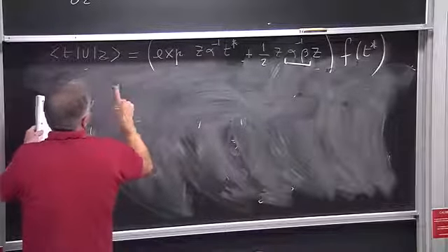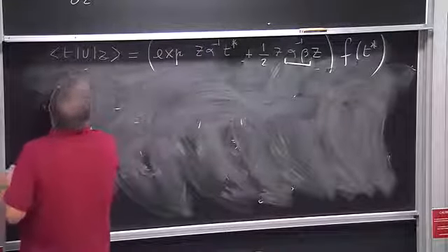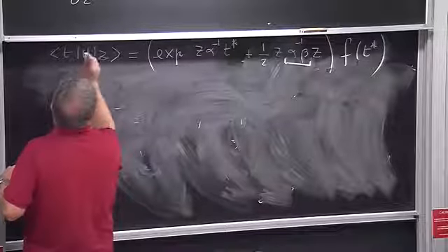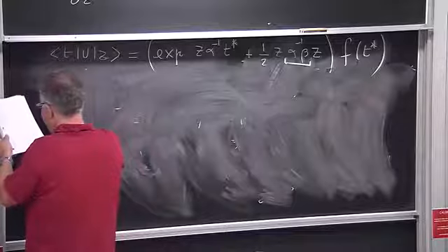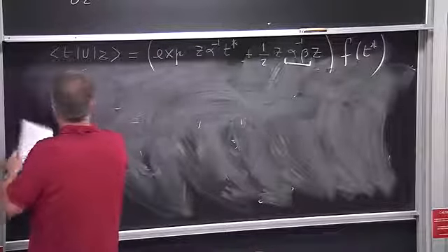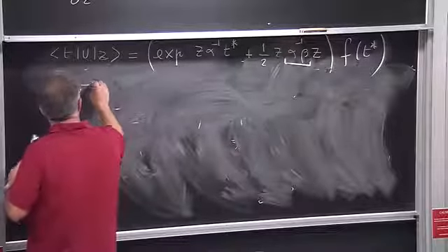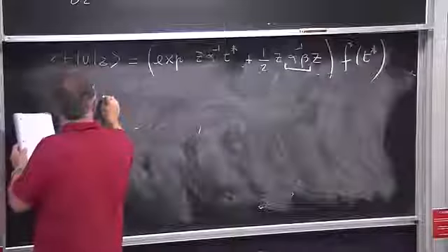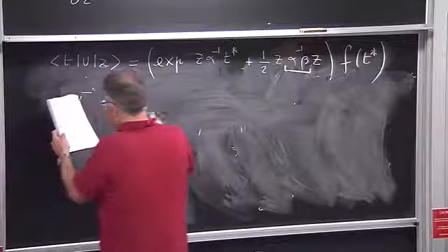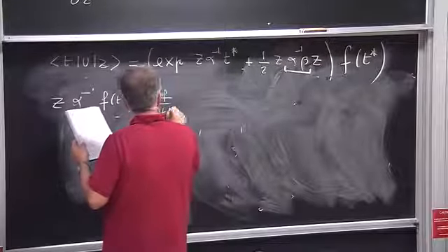So if you input this thing there, let's do it. You get, I write the thing and then we comment: f of T star plus df of T star.